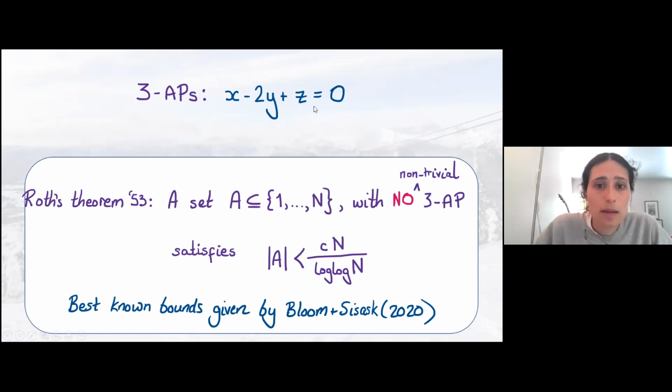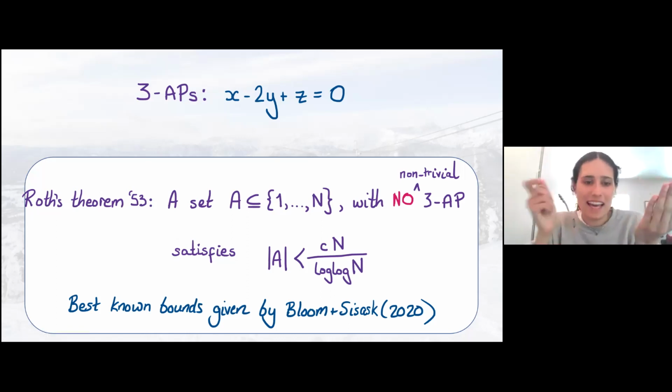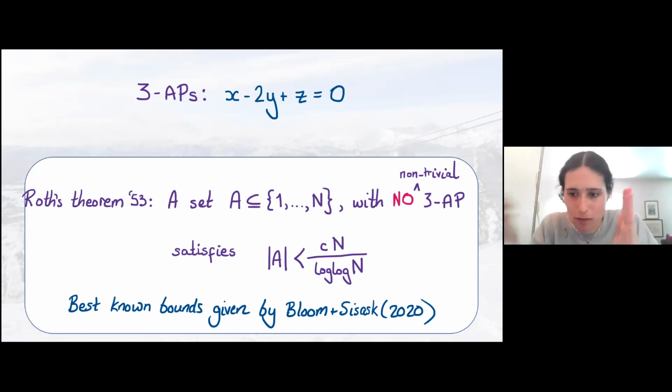So 3-term arithmetic progressions in particular are of interest to many, many people. The famous Roth's theorem bounds the density of a set that has no non-trivial 3-term arithmetic progression. Why do we say non-trivial? Well, obviously, if you have, say, a, a, a, that is a 3-term arithmetic progression with difference 0, so you have to say non-trivial.